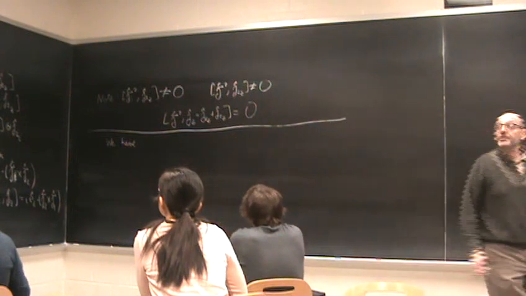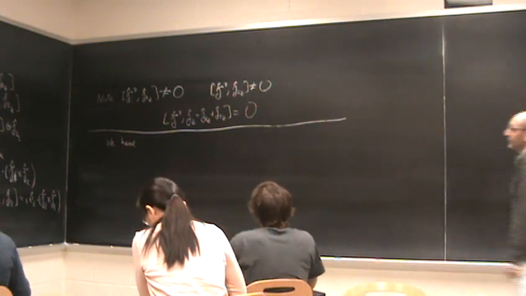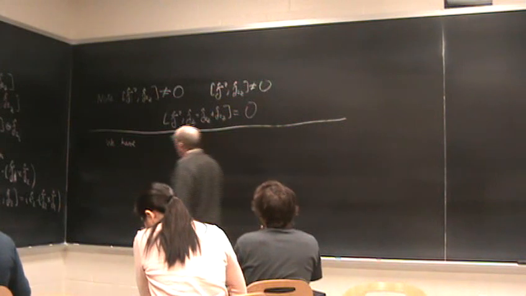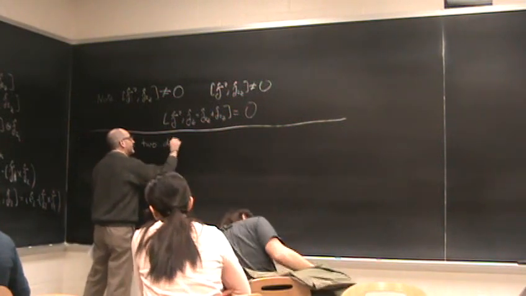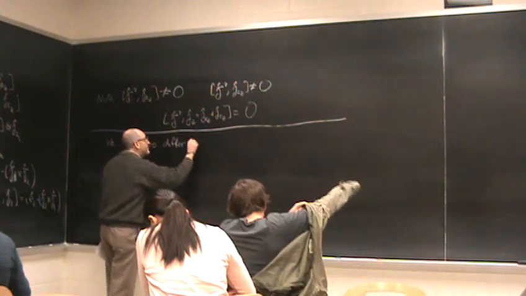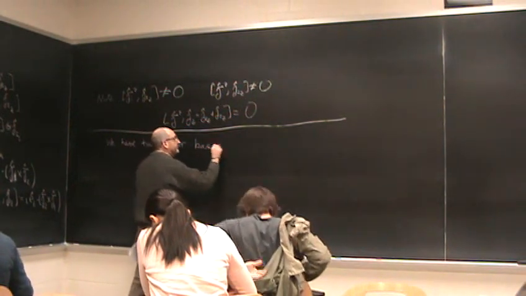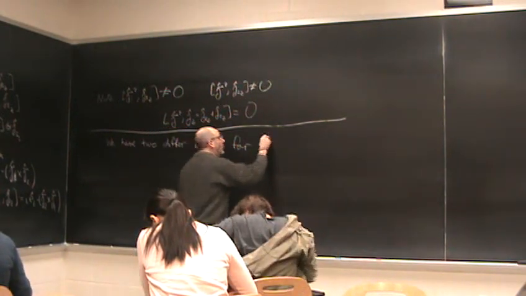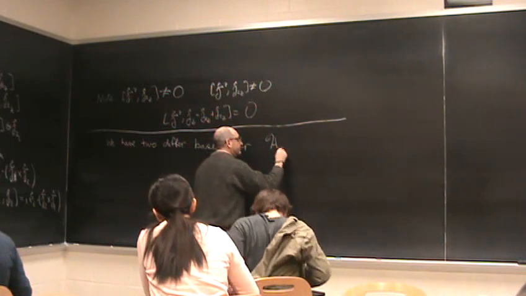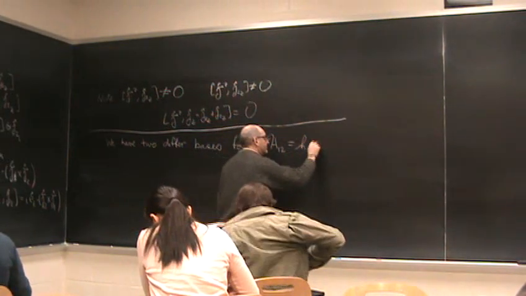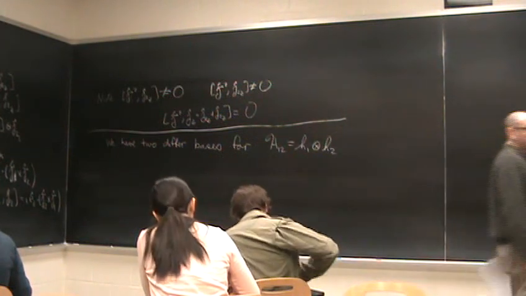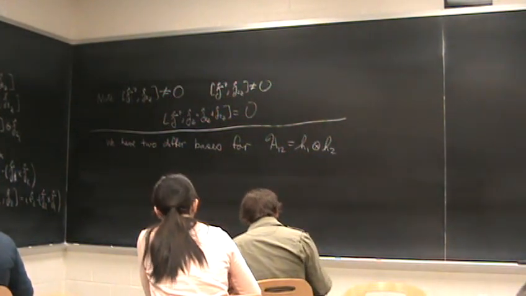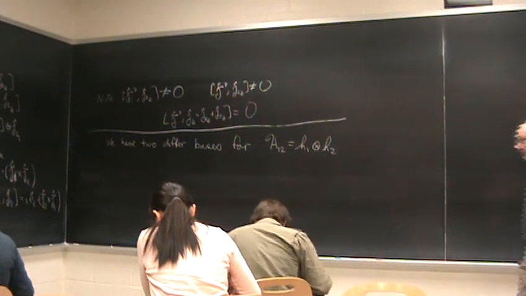All right, so what we have just seen is the following. We now have two different bases for the total Hilbert space. One basis is the basis we've thought of.